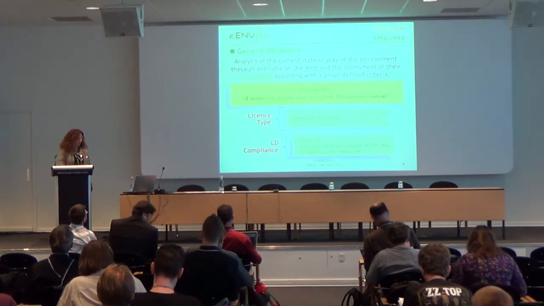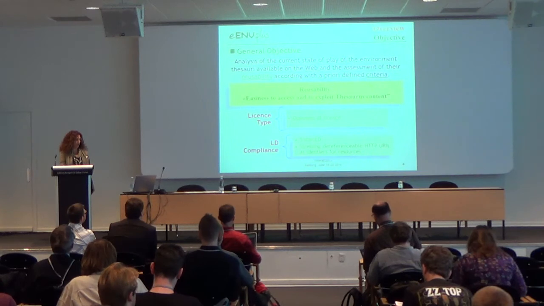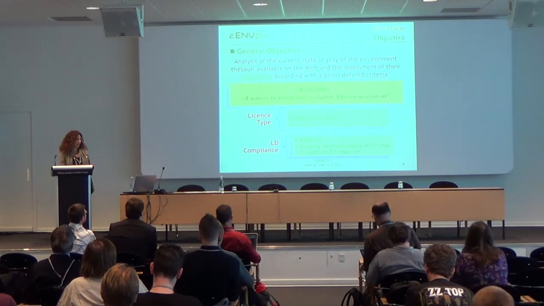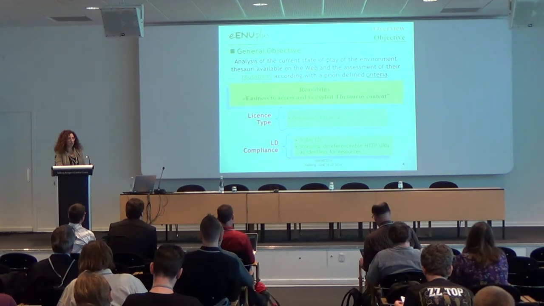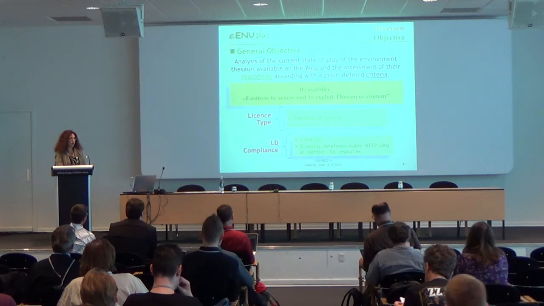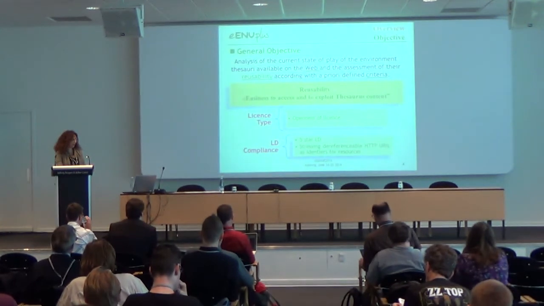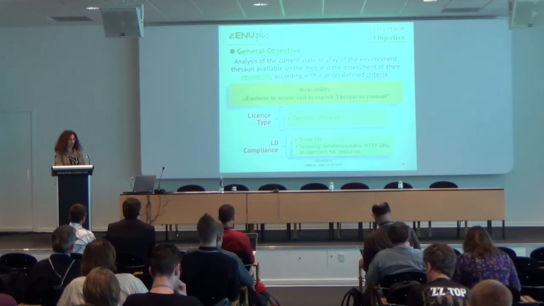So, first of all, the general objective was to analyze available controlled vocabularies on the web for the environment and to analyze the reusability according to some criteria. Reusability can have different meanings, and in our work for the purpose of the project, reusability was in the sense of ease of access and exploitation of the thesaurus content.